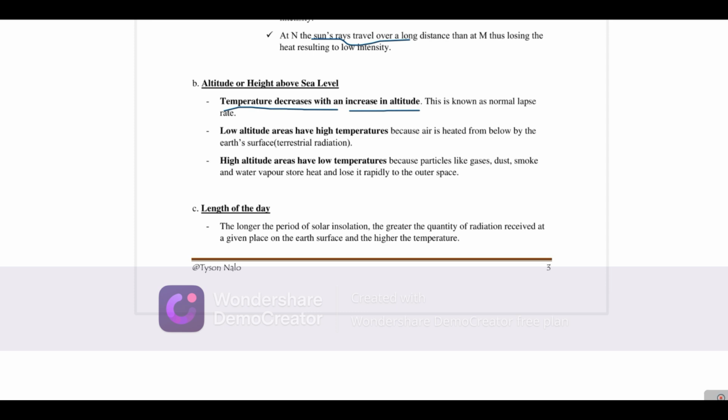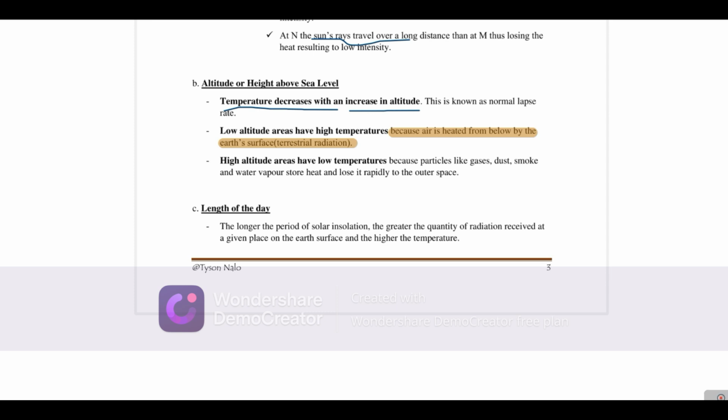So there is higher concentration of terrestrial radiation in the lowlands than highlands. That is probably what makes it have higher temperature concentration. So the main point here is the reason why it is very high.